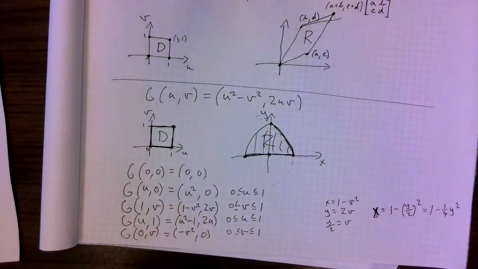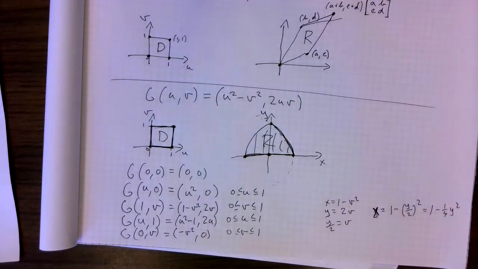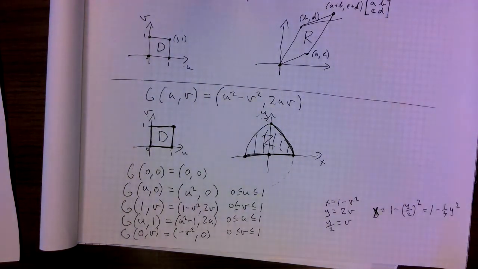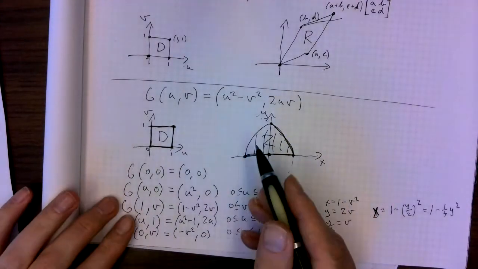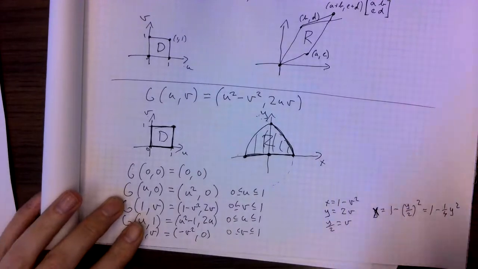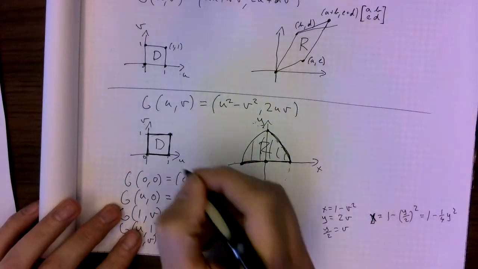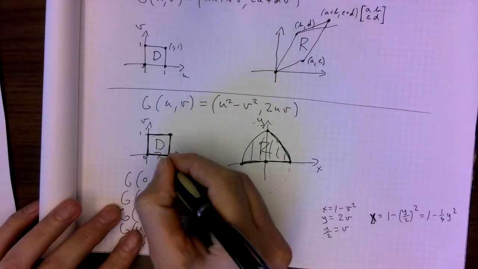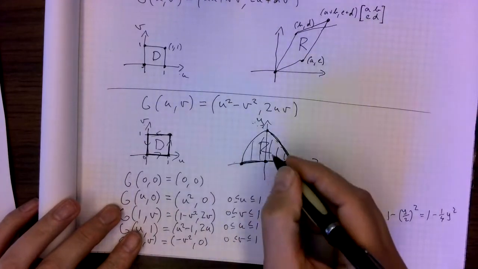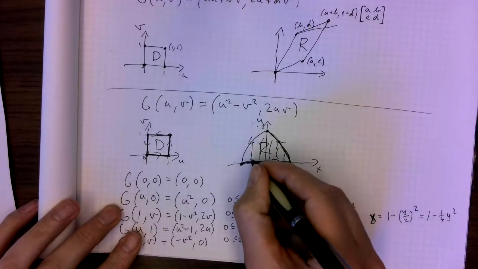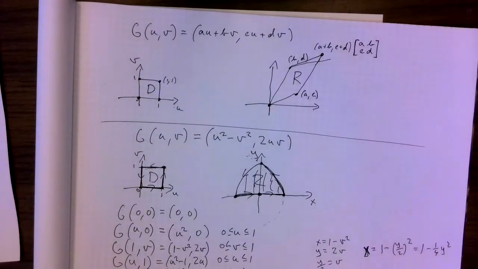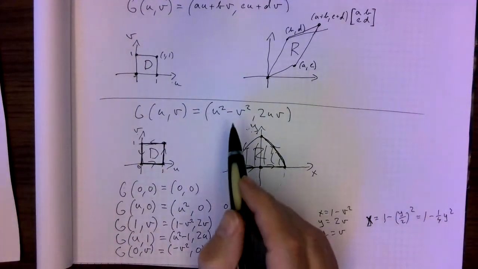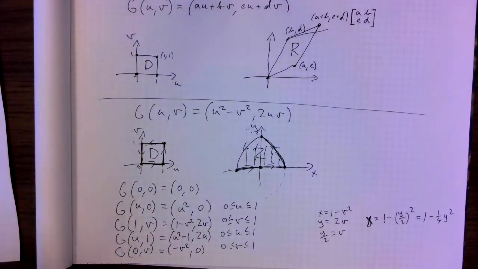Okay, so sometimes it can be a little tough to figure out exactly how this looks. But something that often works is to look at where the boundary goes, and if you travel along the boundary, you will travel like this around this region over here. So that's one thing for general maps.